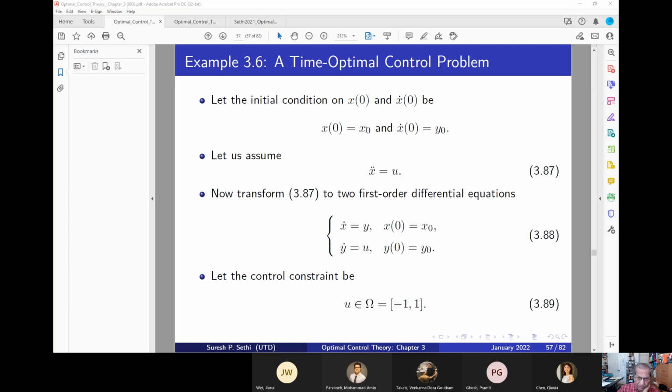It is interesting because it has a rather interesting solution, not so easy to solve, but mathematically it is easy because it can be completely explicitly solved. Nothing remains to be solved in the sense that everything is completely known about this problem.